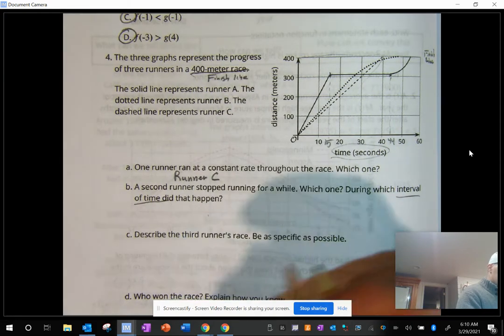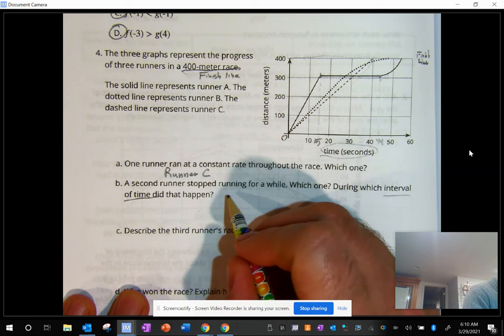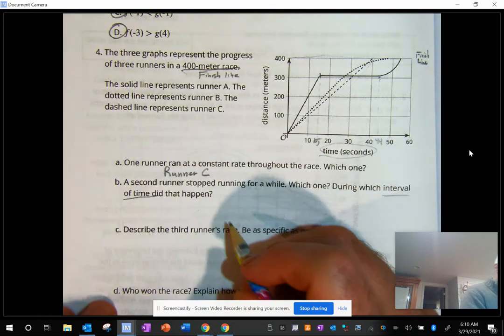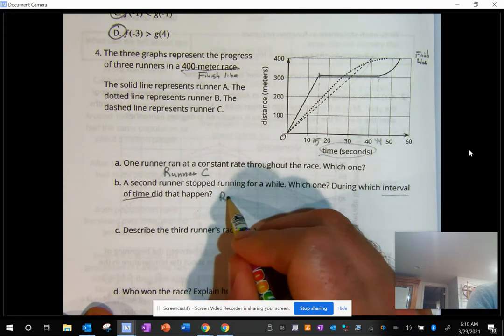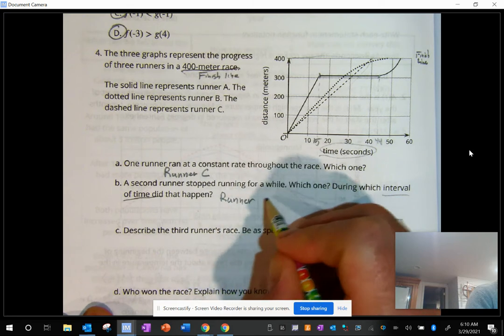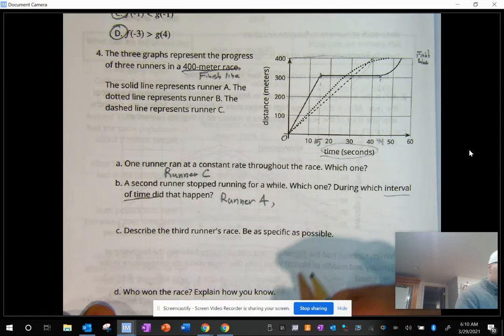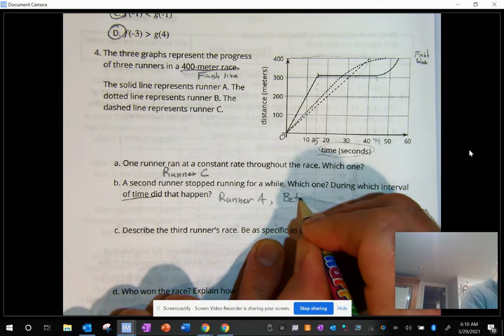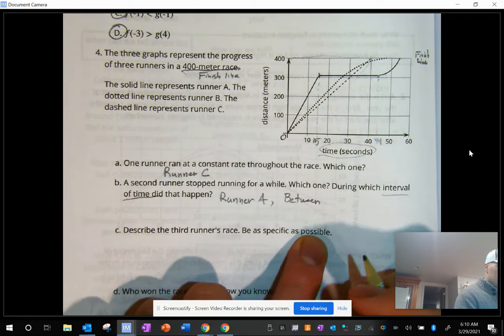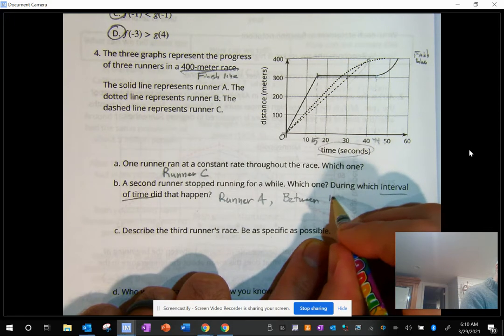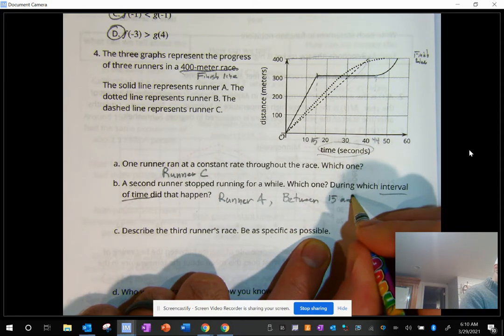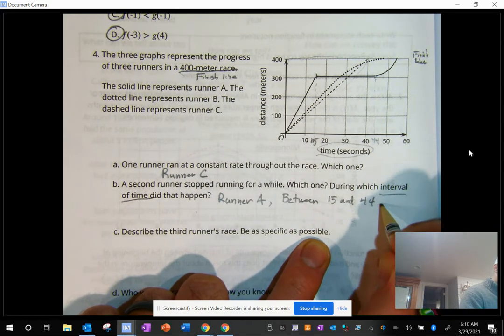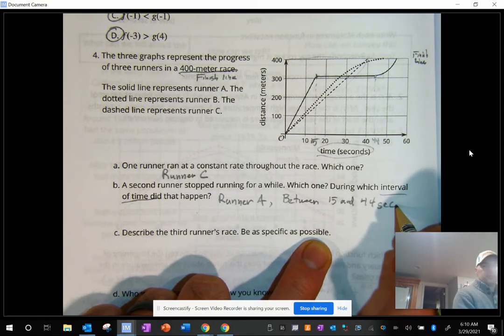Okay, and that was runner A. So runner A, between 15 and 44 seconds they rested.